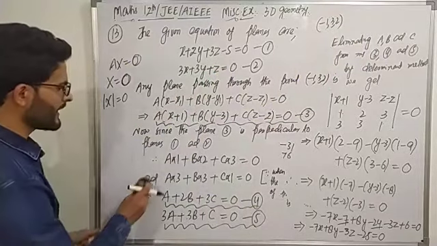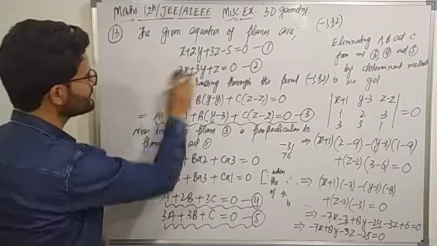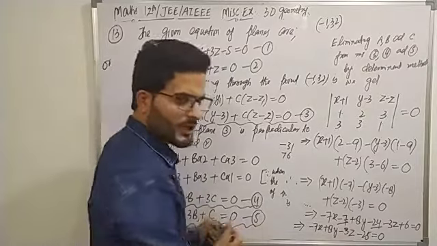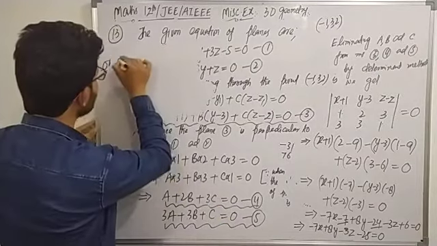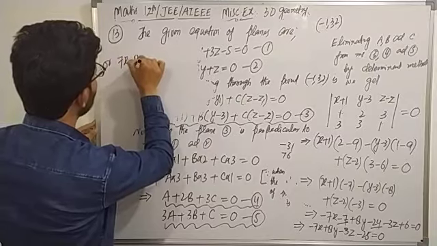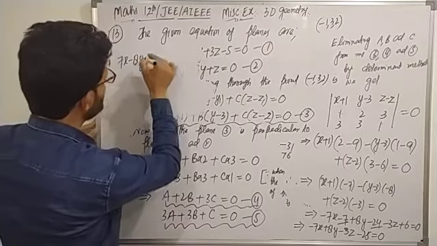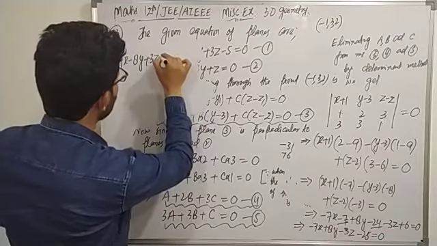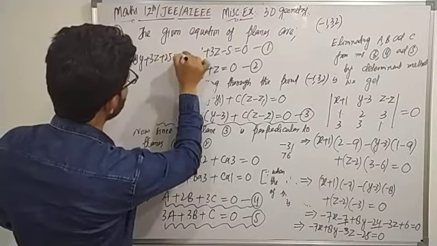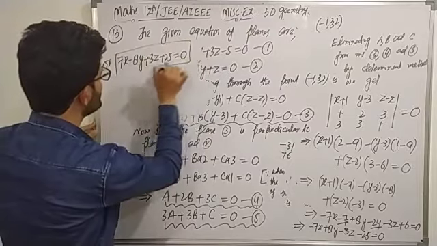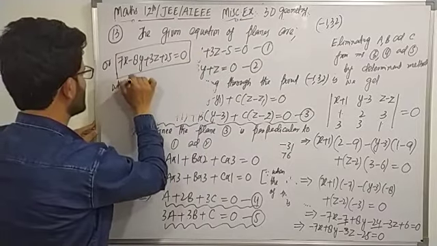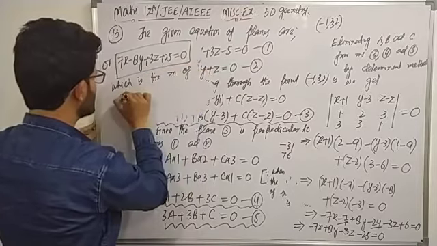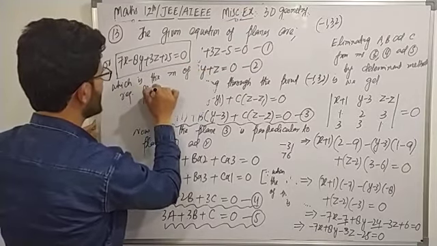और हम इस equation को ऐसे भी लिख सकते हैं, और this can be written as माइनस से मल्टीपल कर दो दोनों साइड तो क्या आएगा? 7x minus 8y plus 3z, yes, plus 25 is equal to 0, which is the equation of required plane.